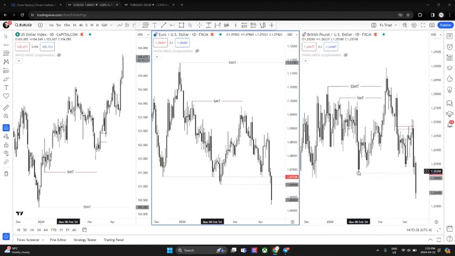This became the low. So whenever we had a failure swing again here and there was SMT again, obviously price expanded because this was actual discount, just as this is actual premium. Right?